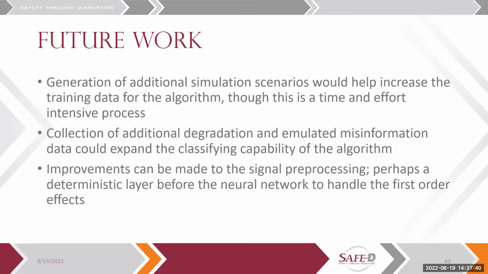So if we can remove and extract that before the neural network layer, so that it's only looking at the subtle differences, and that's what we use it for, then we can improve the overall effectiveness of the algorithm.